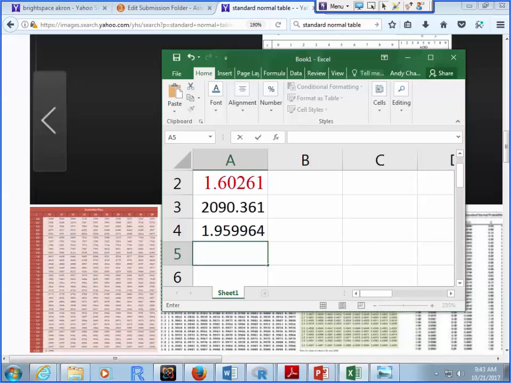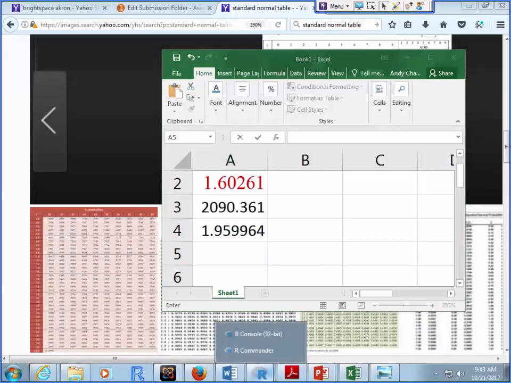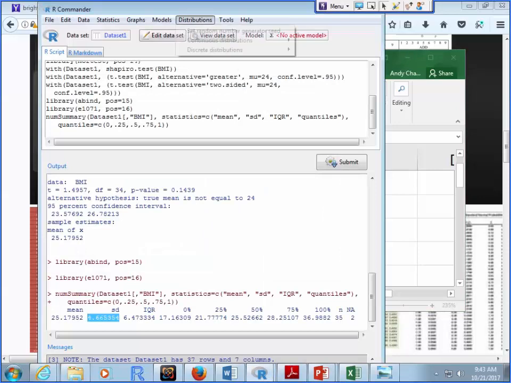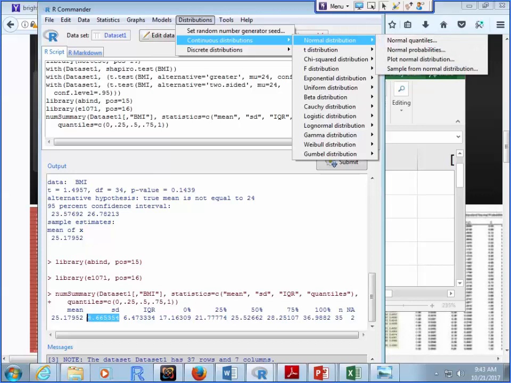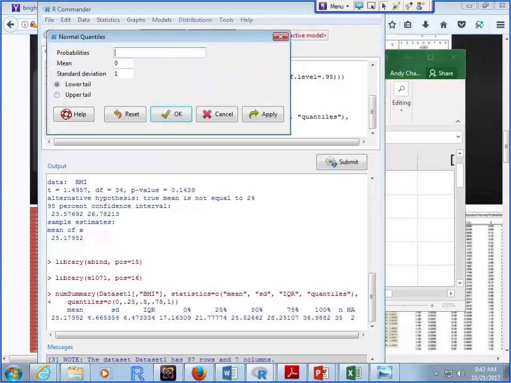You can use R Commander. If you go to R Commander, click Distributions, then Continuous, normal distribution. You can find a normal quantile, so you click on normal quantile. The probability is Q. It gives you left tail or right tail.